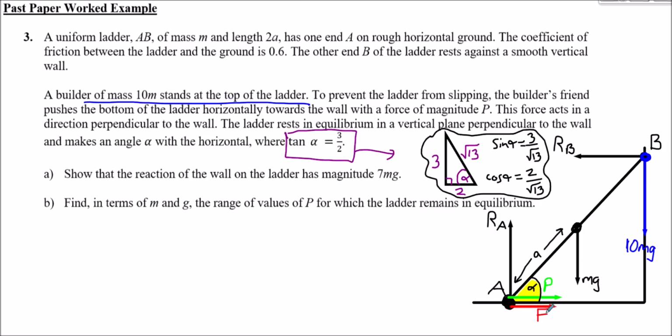So now show the reaction on the wall. We've got lots of different forces acting at A. We've got this force that the builder's friend's pushing against, we've got the friction, we've got the reaction from A. So if we were taking moments, a really good place to take moments about would be A, to eliminate having to think about all these forces. So let's do that. It's almost begging us to take moments from A because A is looking a mess.